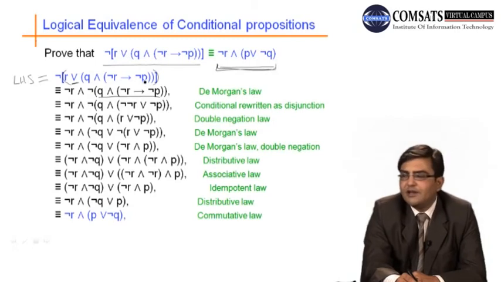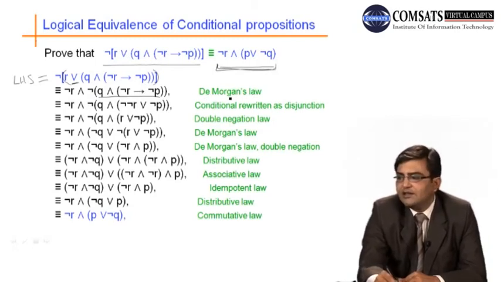What we have used here is De Morgan's law: the negation of P or Q is logically equivalent to the negation of P and the negation of Q. So we have applied De Morgan's law here.